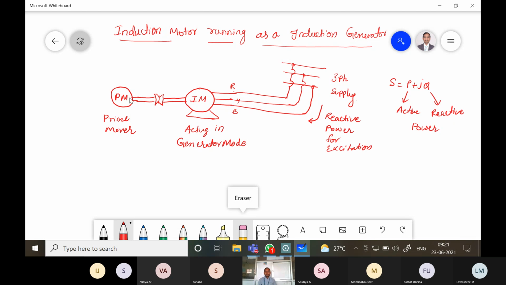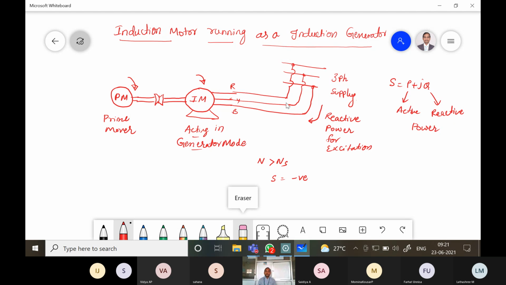After the prime mover is rotating, the induction motor coupled with it is also rotating, and the speed of the motor n is more than the synchronous speed. Then the slip becomes negative. So in this case, it is acting in generator mode.